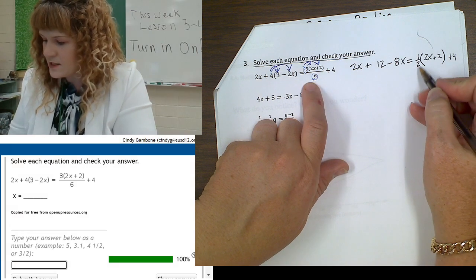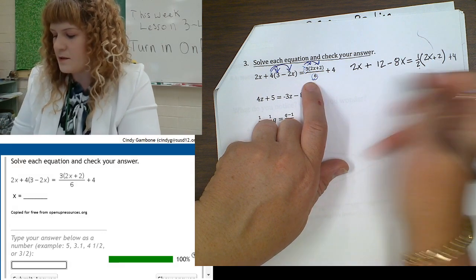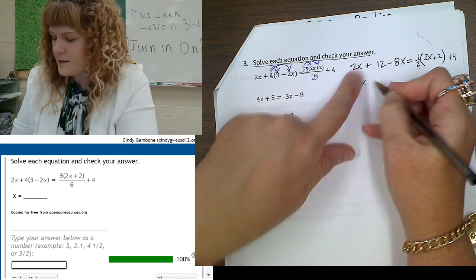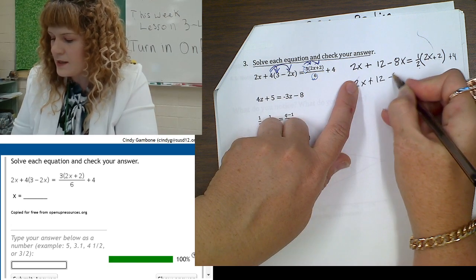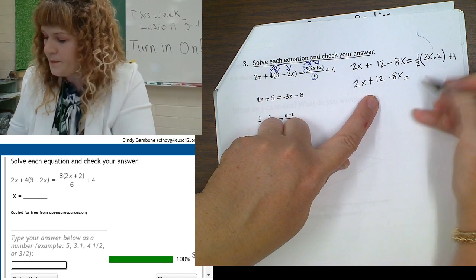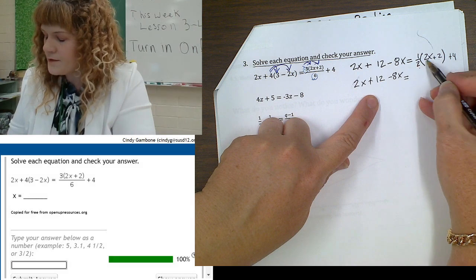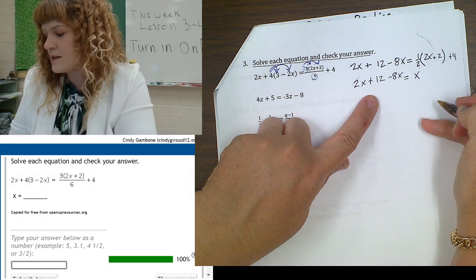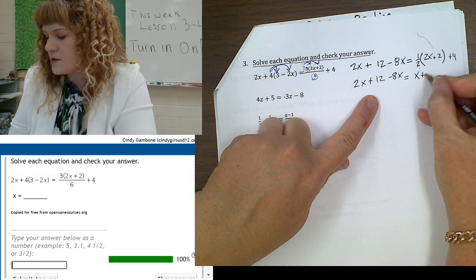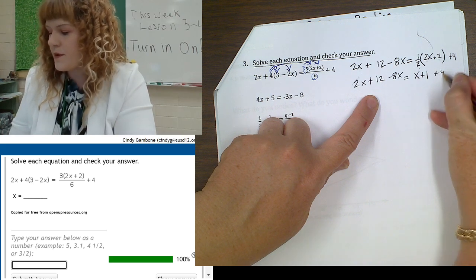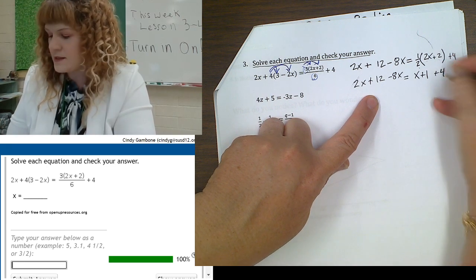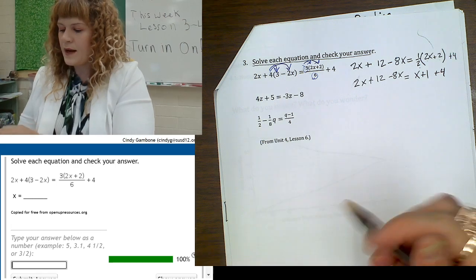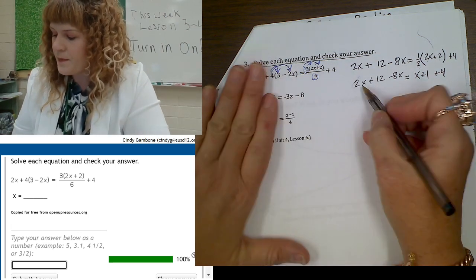Now I see that I just need to divide these terms by 2. So 2x plus 12 minus 8x, that stayed the same. Now 1/2 of 2x is just x. 1/2 of 2 is just 1, and then plus 4. Okay, I eliminated parentheses.